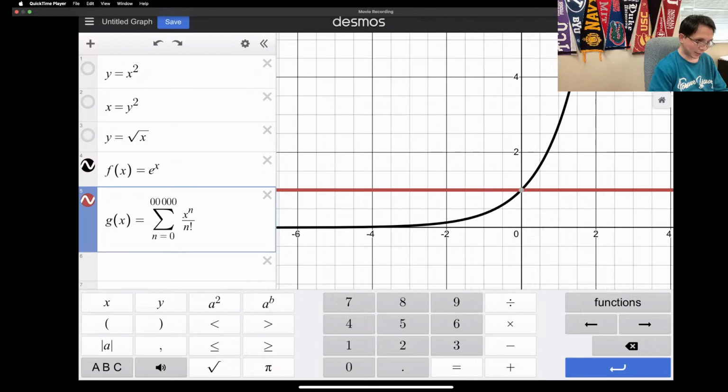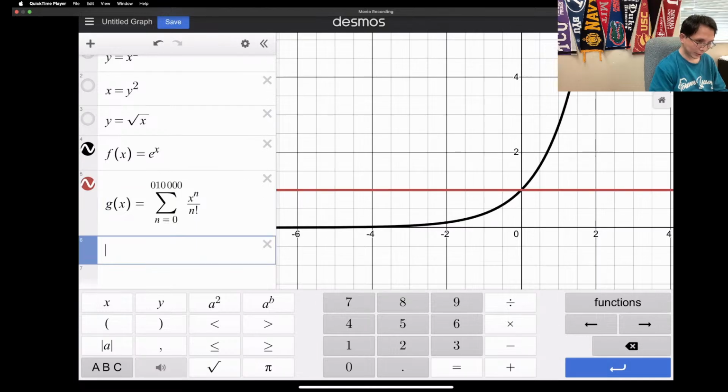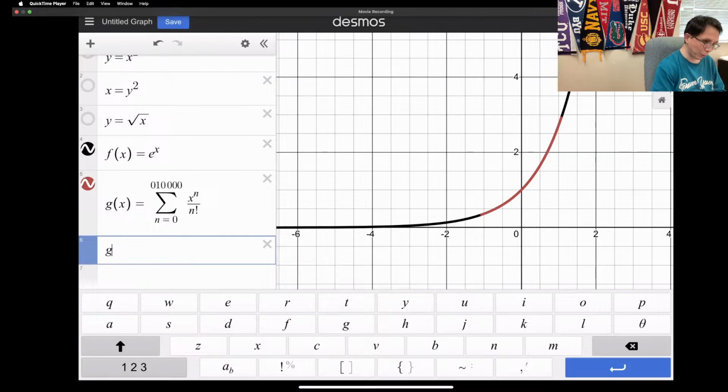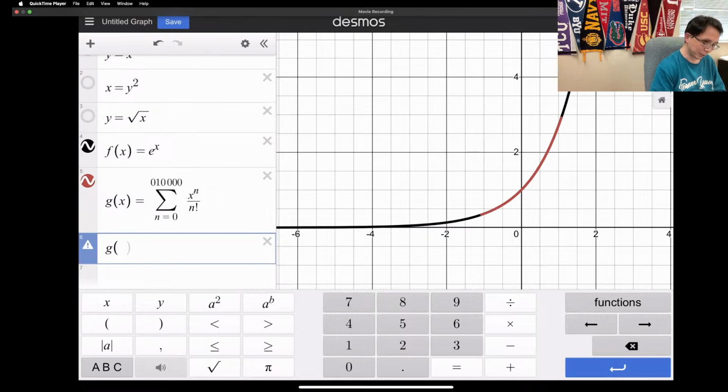Wait, they still going to slide? Doesn't matter. Oh, it's not sliding anymore. Okay, so if you don't believe me, you can say, well, we want to find g of, I don't know, e squared. So e of 2 is undefined. That's the problem.